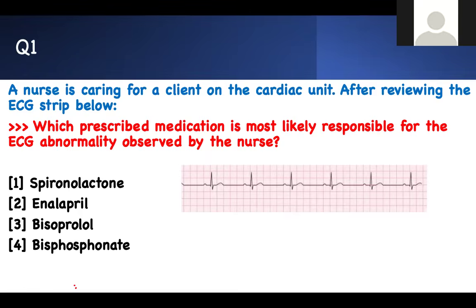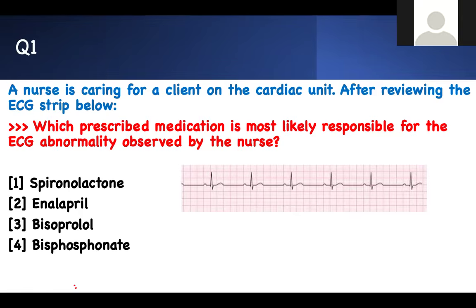There's a class of medication from cardiology that usually will slow down your heart rate. The most common one is the one that ends with the "-lol." Calcium channel blockers do that too, but the one that ends with "-lol" is the beta blocker. I look at the answer choices and I see what? Spironolactone. It does not have "-lol."